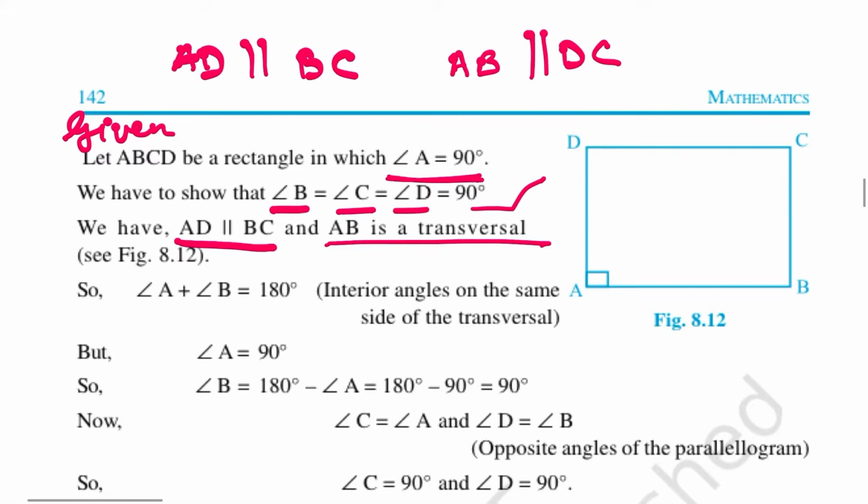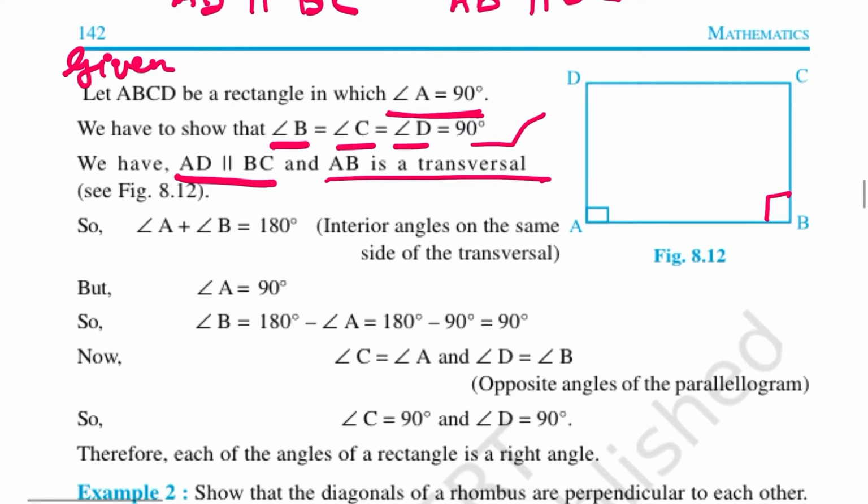Now we know angle A plus angle B is 180 because they are interior angles of the two parallel lines and the transversal. Now angle A is 90, so angle B will be 180 minus angle A, which is 180 minus 90, that is 90.